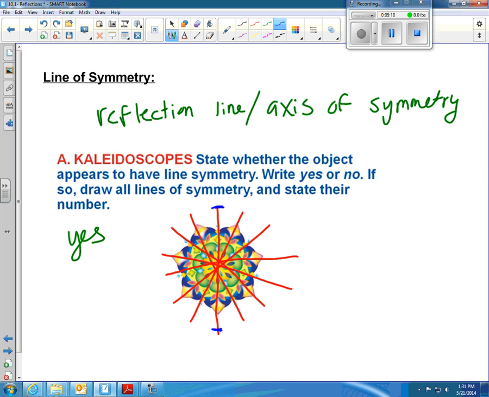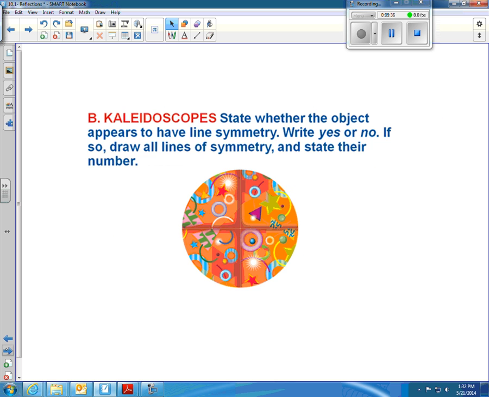So once I hit the other end, I don't need to count anymore. So I have 1, 2, 3, 4, 5, 6, 7. Oh, that line has been already counted. So I have 7 lines of symmetry. Not too difficult. The rest of this should be pretty easy for us.